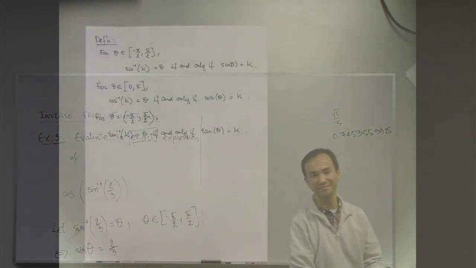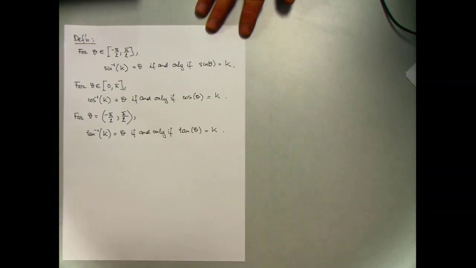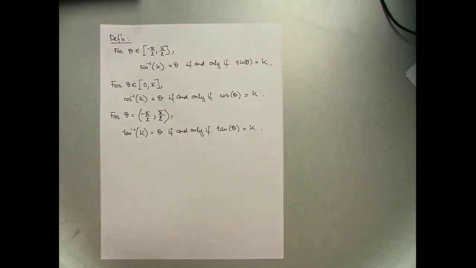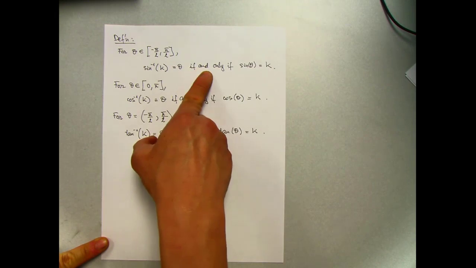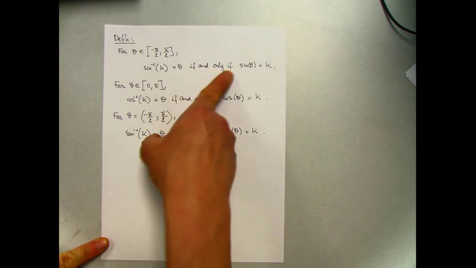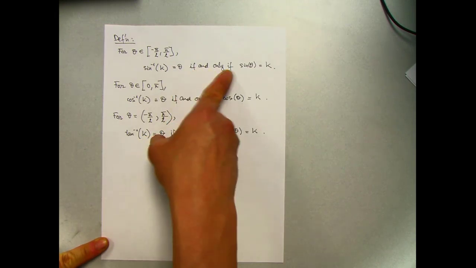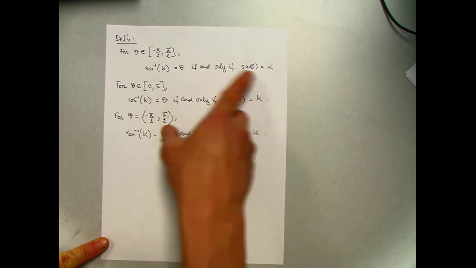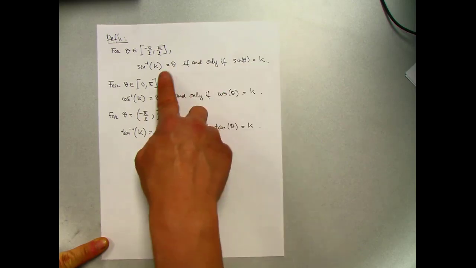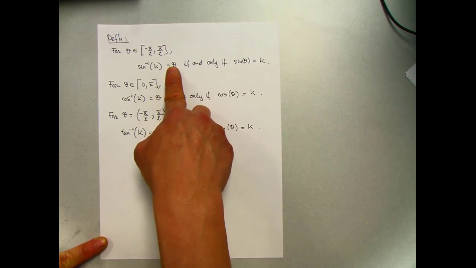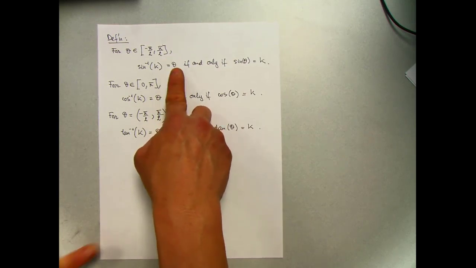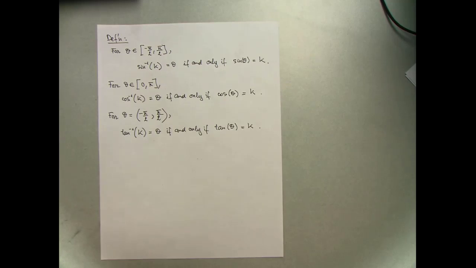This is what we wrote down. So sine inverse of a value equals theta, if and only if, sine of theta equals k, the value inside of our inverse sine operation. See what I mean? So I'm using this exact definition and putting it into our problem.